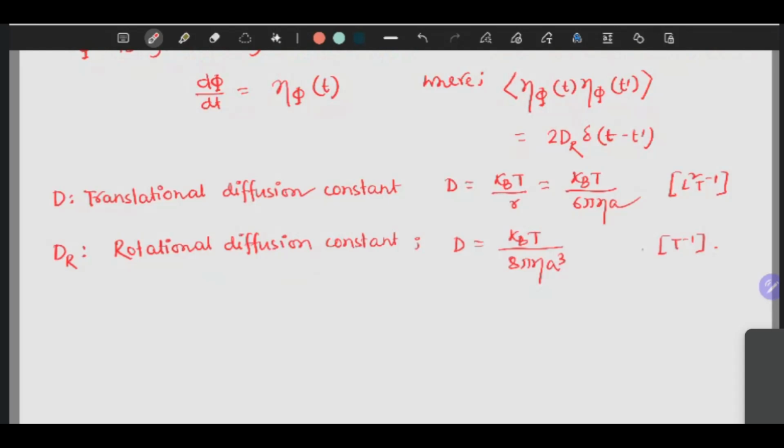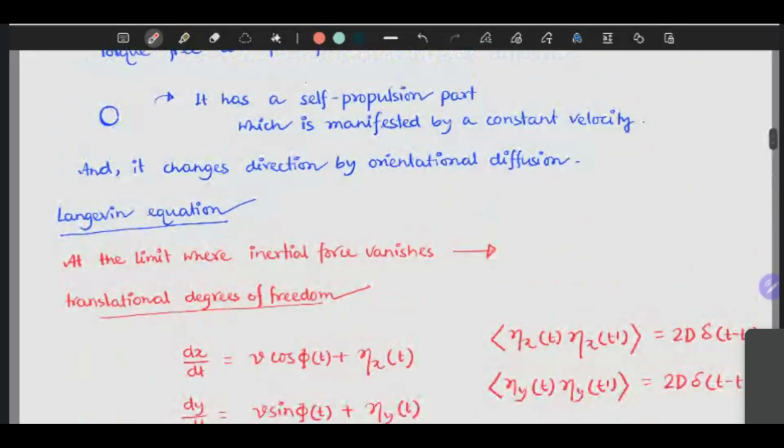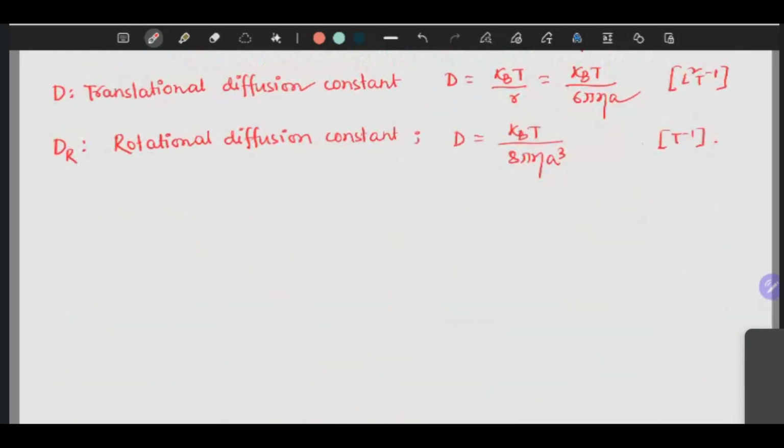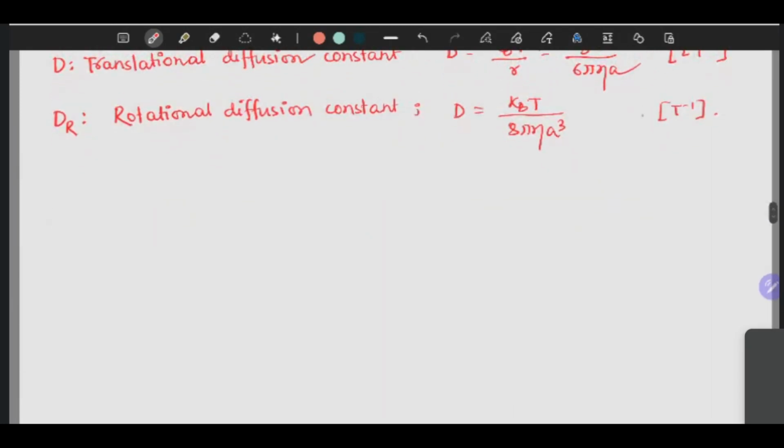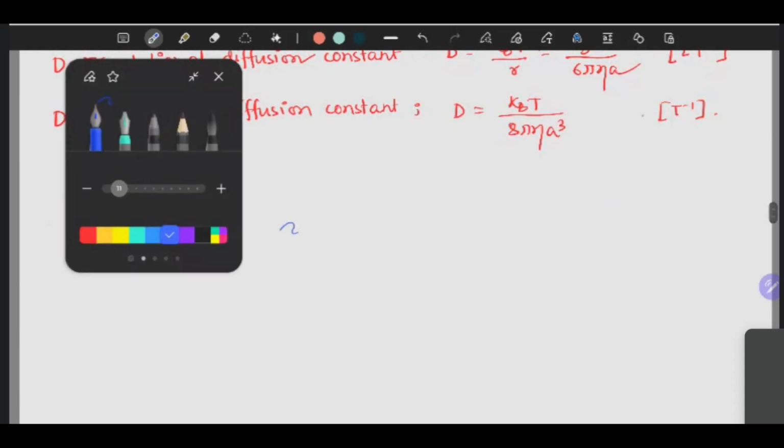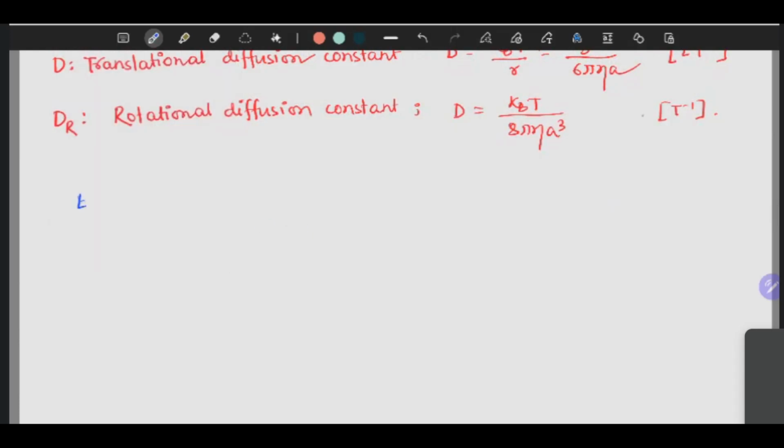Here you can see the change in orientation is smooth, and it is governed by the orientational diffusion. There is one more active particle, a special example of this active Brownian particle, called Janus colloids.